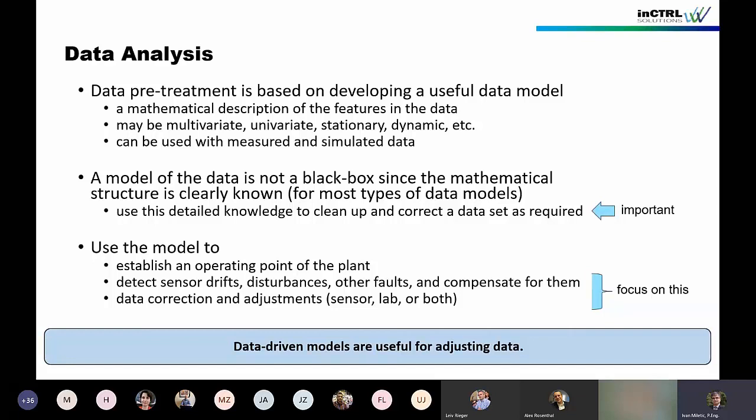In this case, the focus is on removing sensor drifts, accounting for disturbances, and compensating for various faults in the sensor data, or maybe the lab data, or both, as these things may occur. In this case, the focus was on the sensors. And realize that we're using detailed knowledge of the model structure that we're developing to look at a way to account for this.